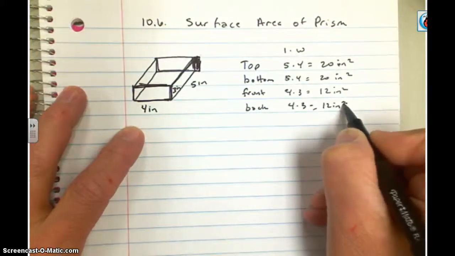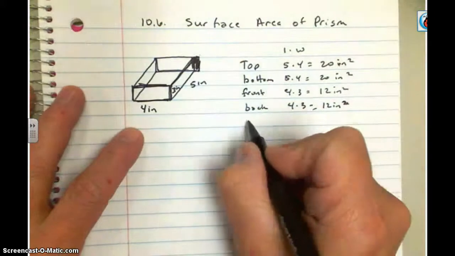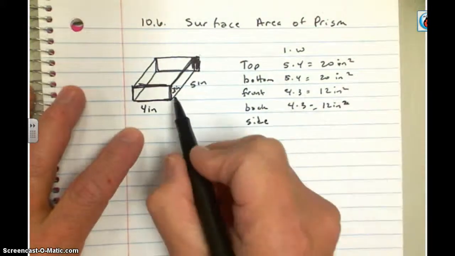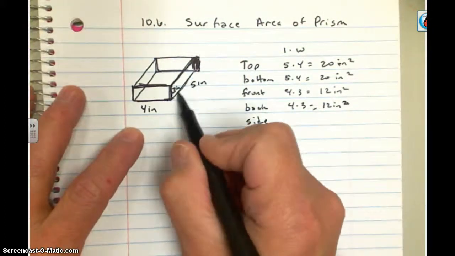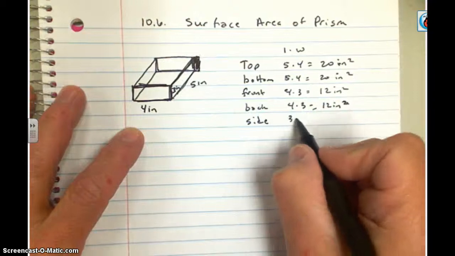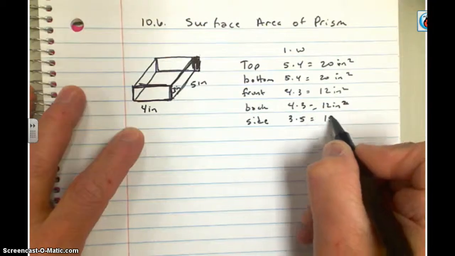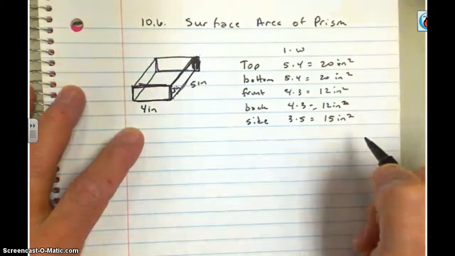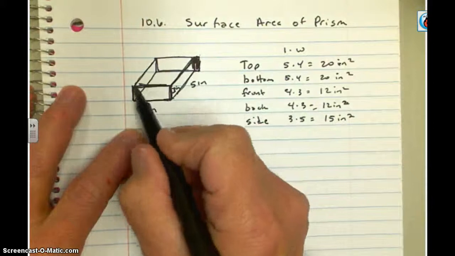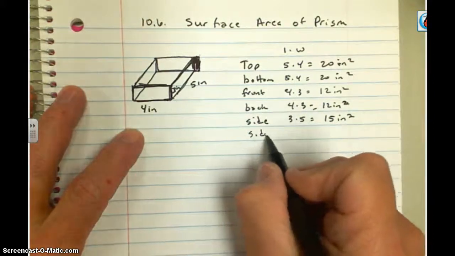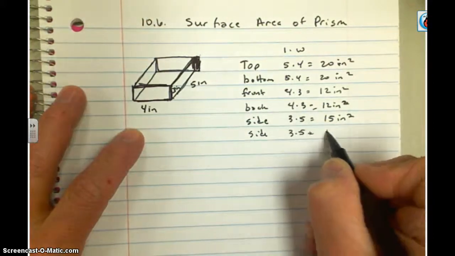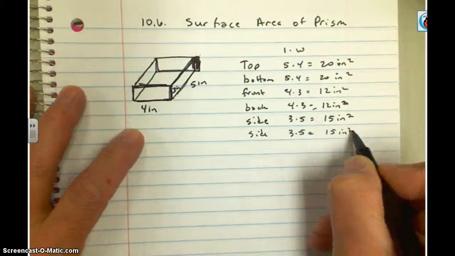Now the sides are congruent, and the sides are 3 inches by 5 inches, which is 15 inches squared. The opposite side is the same, 3 by 5, which is 15 inches squared.